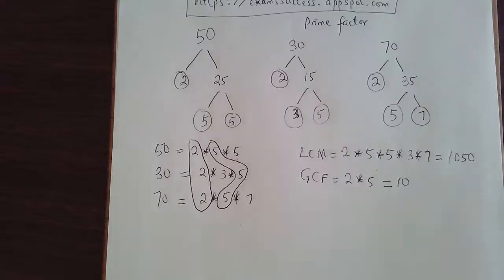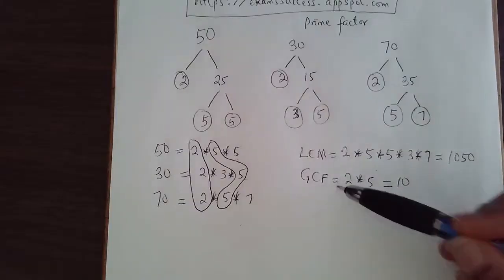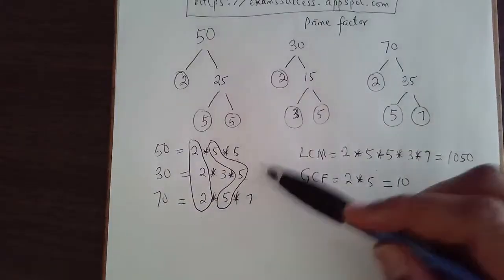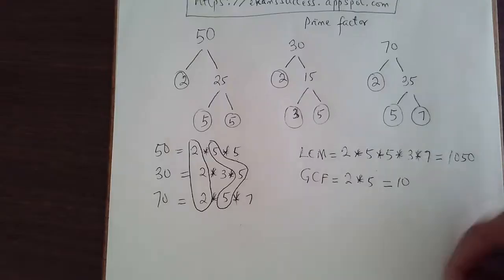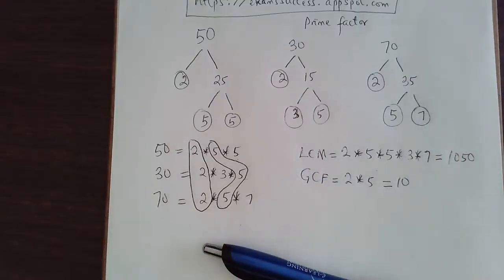You just don't count the common number of times, just count it only one time. Anything you see that is common, you count, and then you include the other numbers. If it is the greatest common factor, you're only looking at the common factors. All right, so let me show you how you can do this with your calculator.